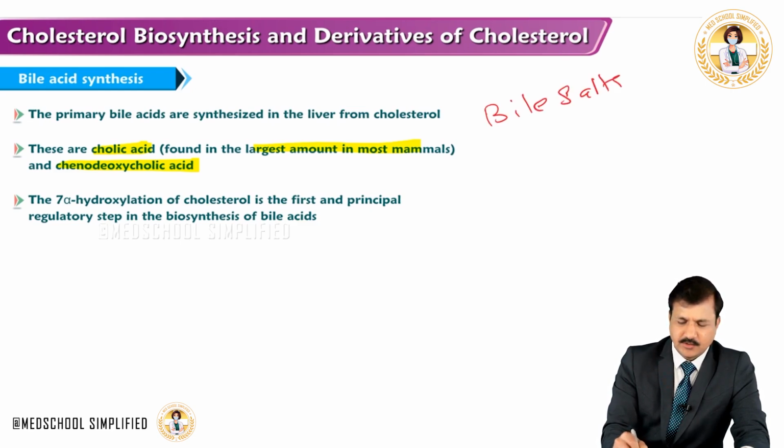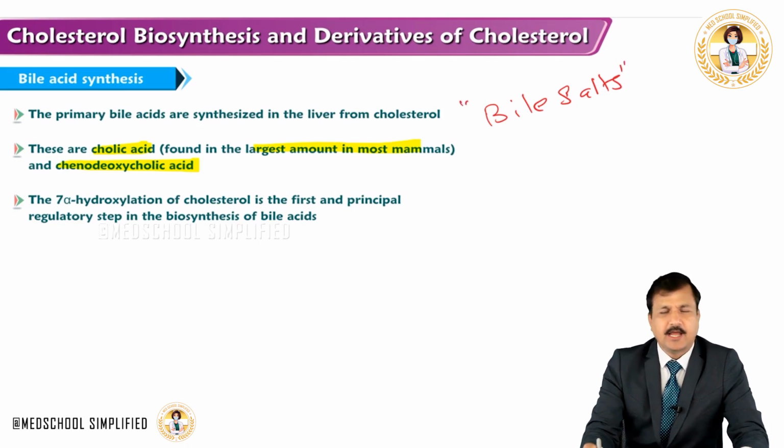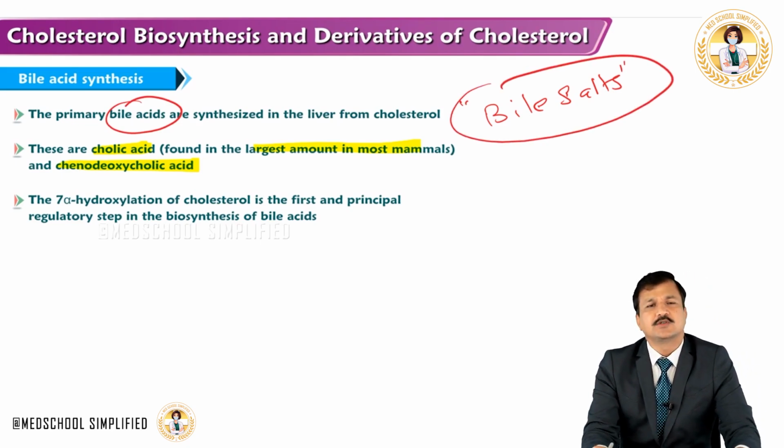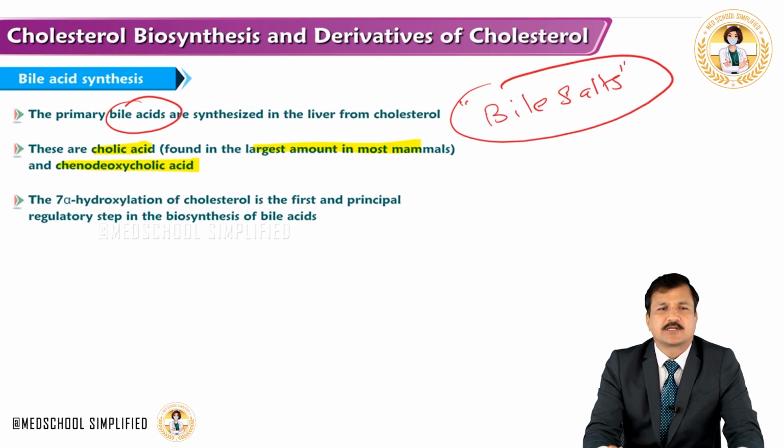So I want you to know the names here like bile acids and bile salts, because we use bile acids and bile salts synonymously when we refer to the actions of bile acids in the intestines.